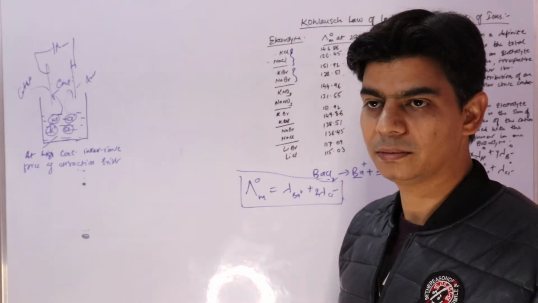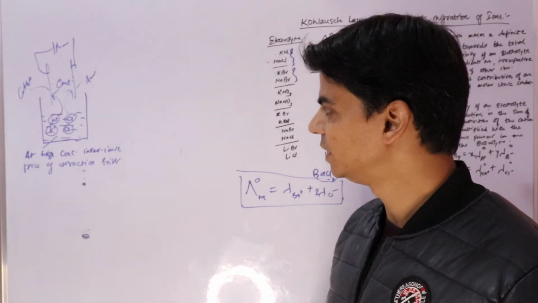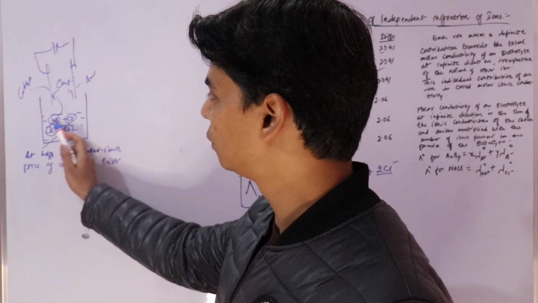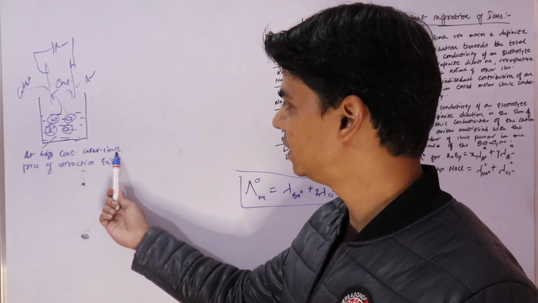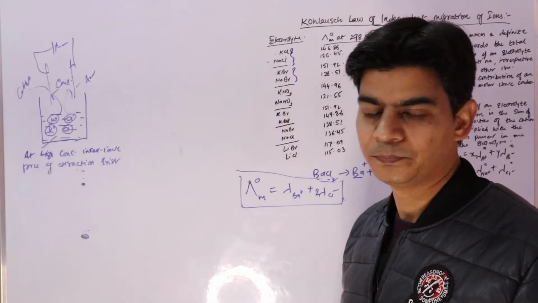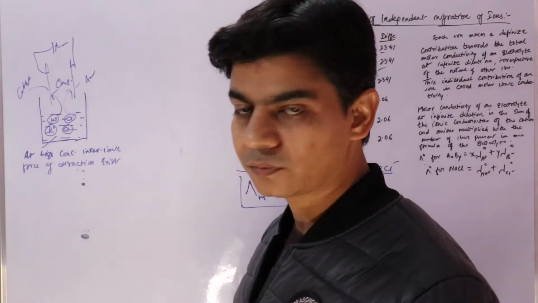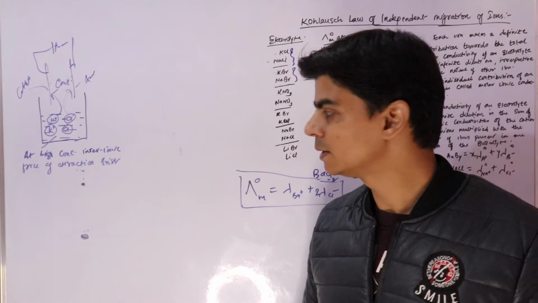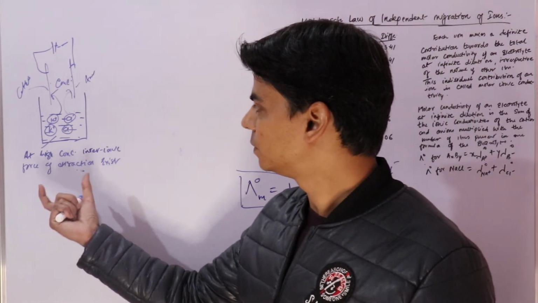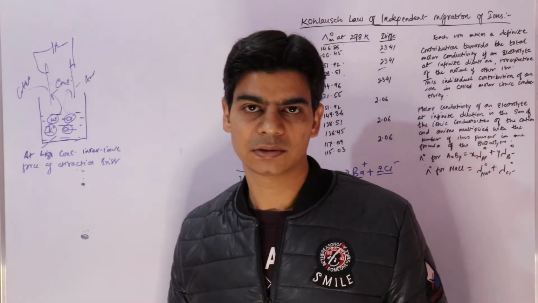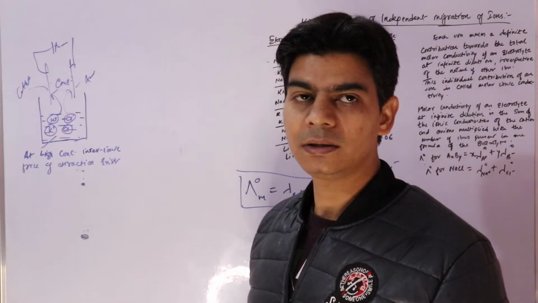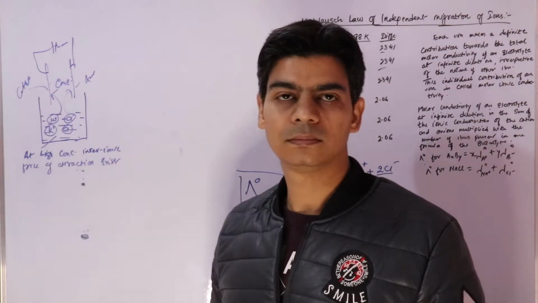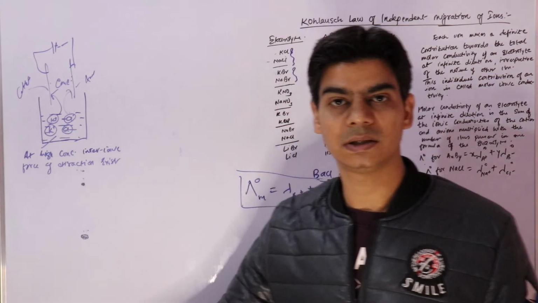But this is a concentrated solution, which means these ions are close to one another and experiencing interionic force of attraction. This force in concentrated solutions will retard the motion of these ions, because when you pass electric current, these ions move towards their respective electrodes and get discharged.